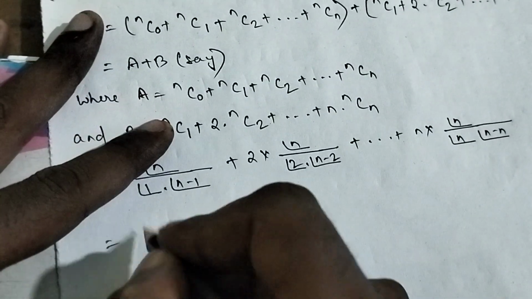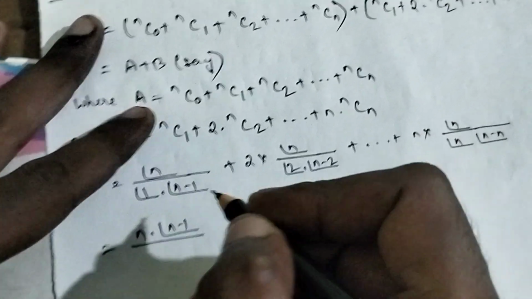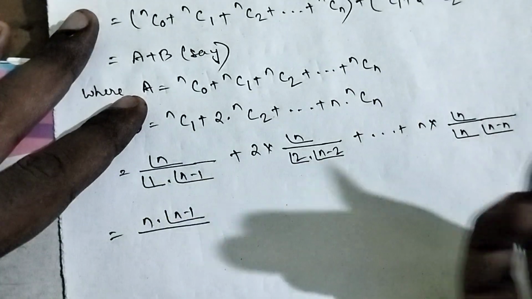So it would be n into (n-1) factorial, and in the denominator 1 factorial means 1.